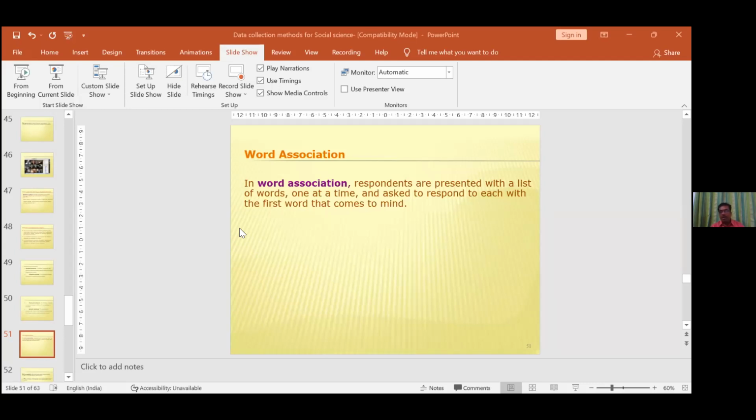Normally, people might recall 1 or 2 names. That means this name has been stored in the minds of the people. So this is the way you can collect data. This is said to be word association technique. In word association, respondents are presented with a list of words one at a time and asked to respond to each with the first word that comes to mind.